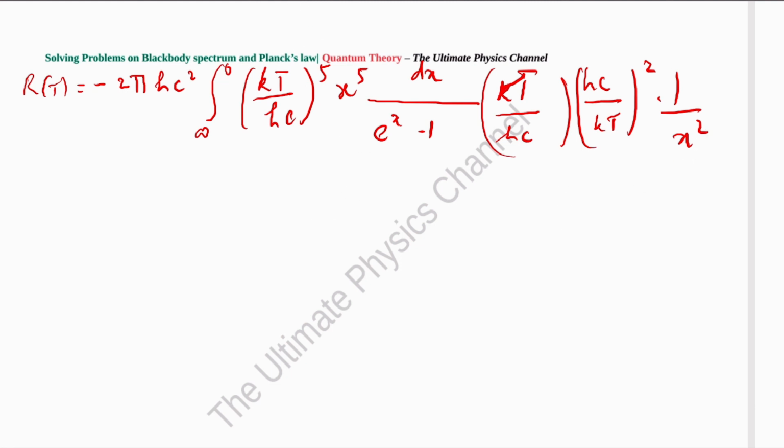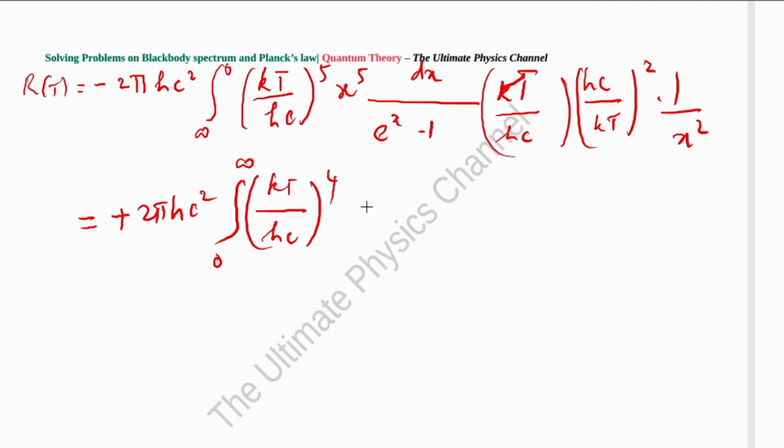Now further simplification can be done, and if we do that, and swap the limits from 0 to infinity back, we have plus 2 pi h c squared integral 0 to infinity of kT over hc power 4 times x cube over e power x minus 1, because x power 5 with denominator x squared becomes x cube. The integration variable is dx, right?